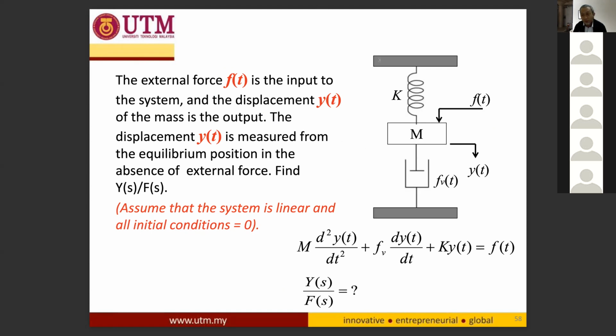Find Y over F. Assume that the system is linear and all initial conditions equal 0. So I just give you the equations here for you to derive. It's very straightforward. Draw the free body diagram, then get the force equation, apply Laplace, and then you can get the transfer function Y over F(s).